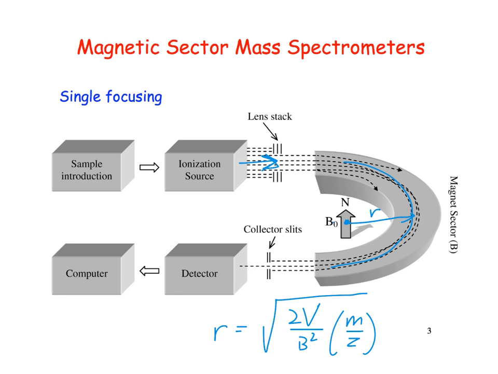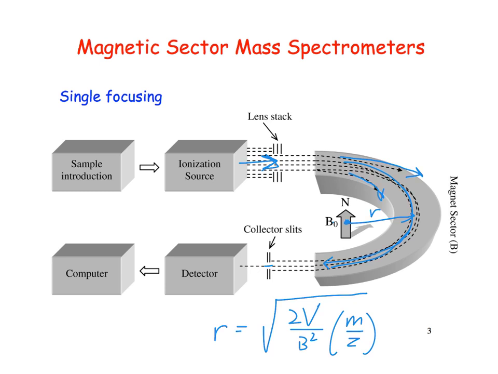The radius increases as the mass to charge ratio goes, and so at a given magnetic field and voltage, essentially only one mass to charge ratio will make it all the way through these collector slits into the detector. A higher mass to charge ratio might just hit the outside of the curve, right? A lower mass to charge ratio would curve too much and hit the inside of the curve.